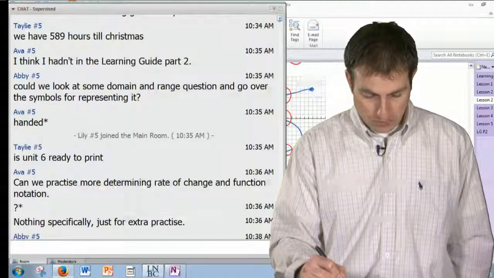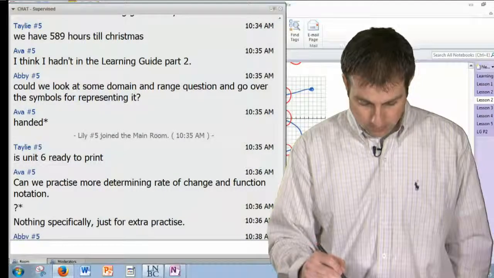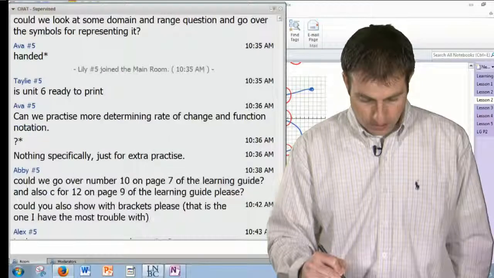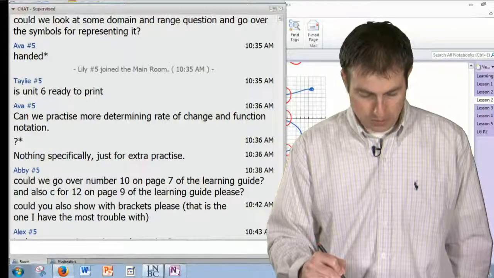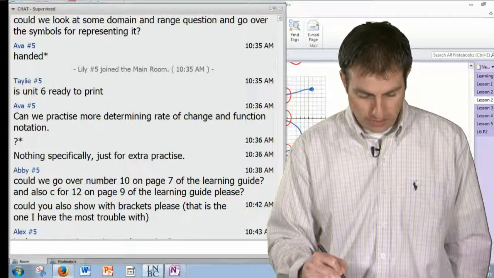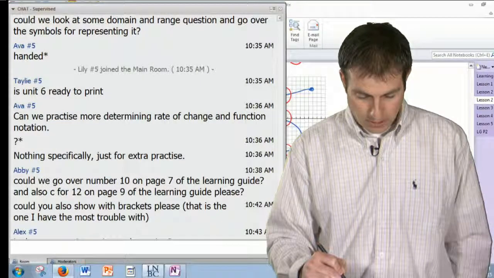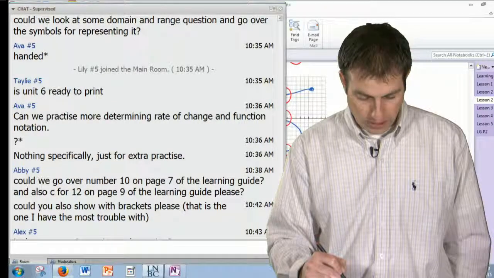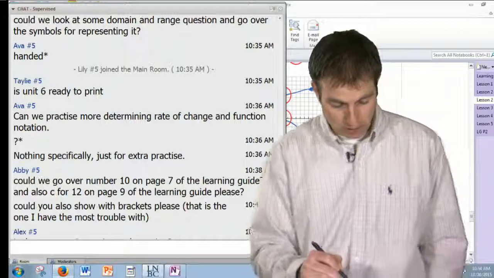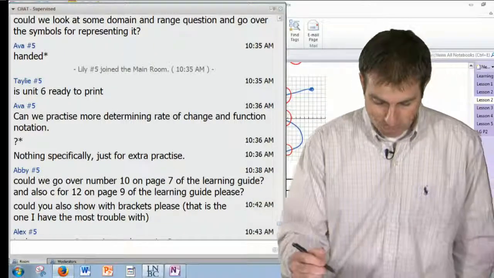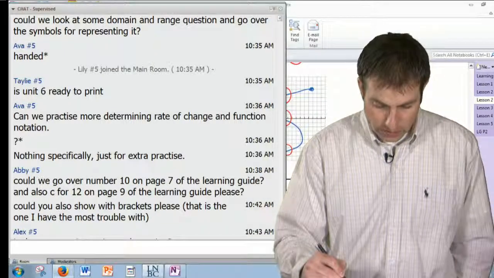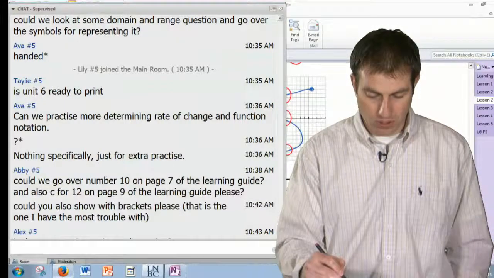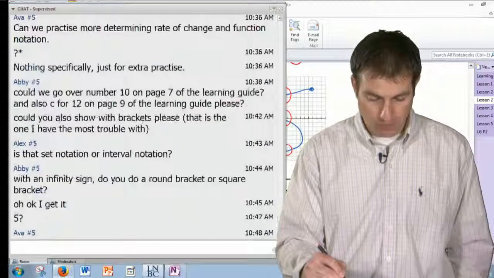So domain and range, we got that. Haley's right on the Christmas countdown to the hour, which is excellent. Rate of change in function notation, and then page 10 of the learning guide. Oh, sorry, number 10, page 7. Well, maybe let's jump to that learning guide, and then I'll go into some stuff on rate of change, perhaps.